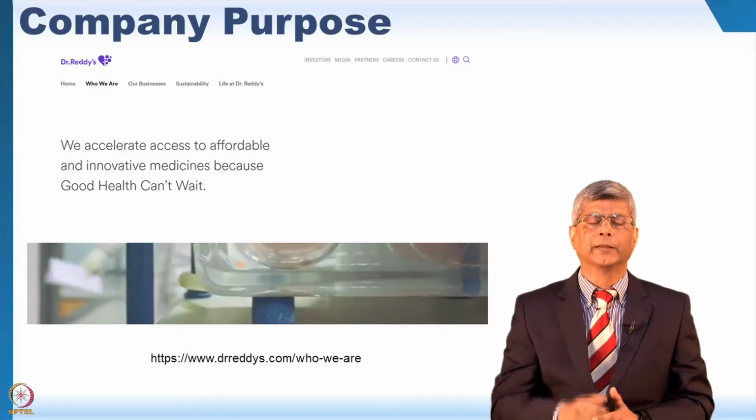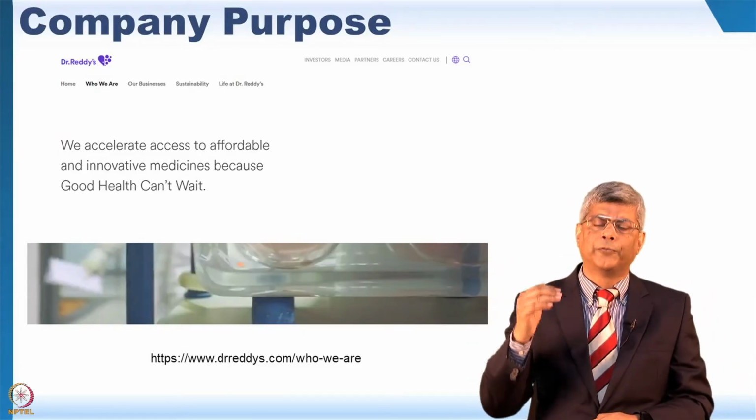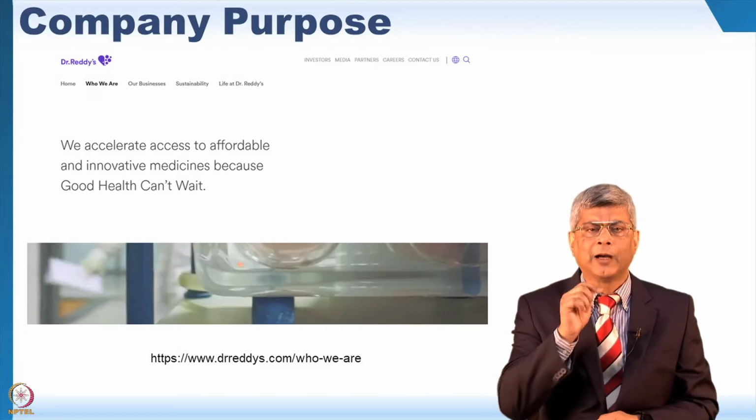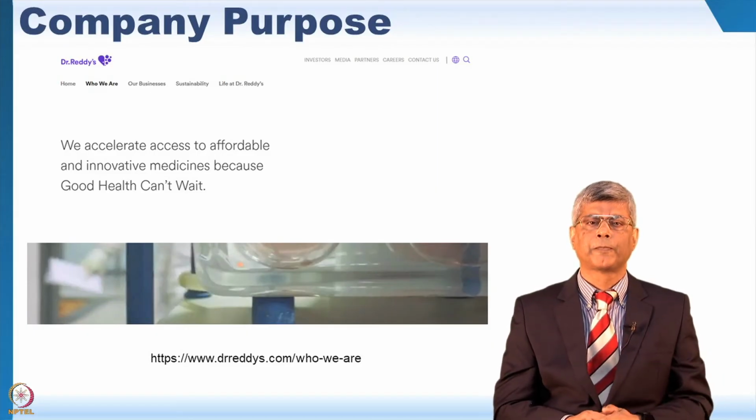The one on the screen is for Dr. Reddy's, one of the most famous, biggest, successful pharma companies in India. Let's see how they've defined their purpose. If you read on the screen, it doesn't say we sell medicines.